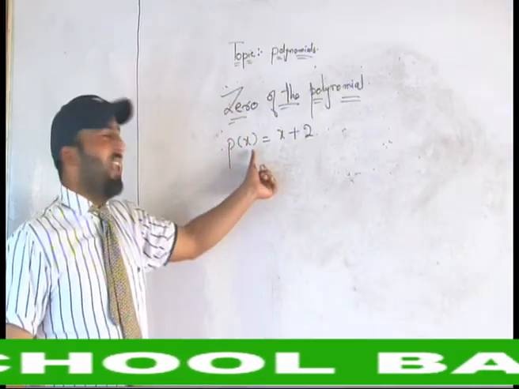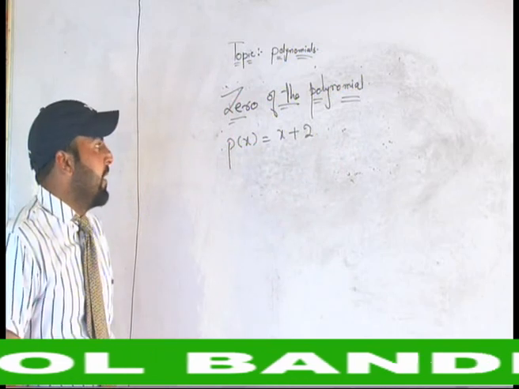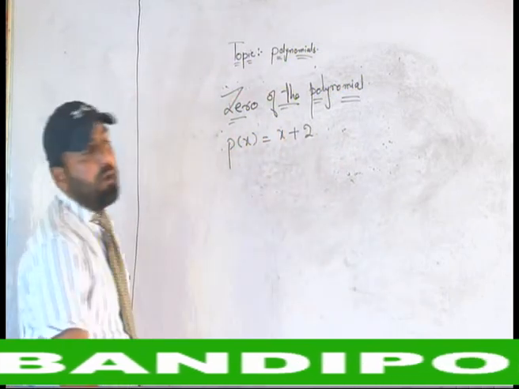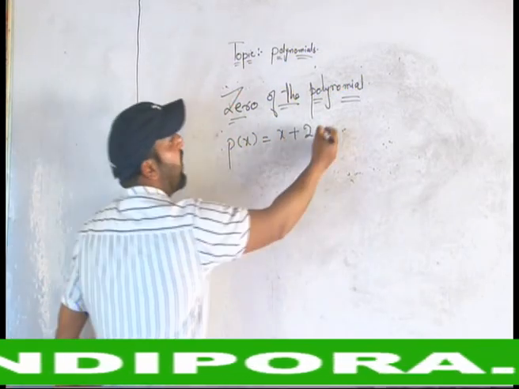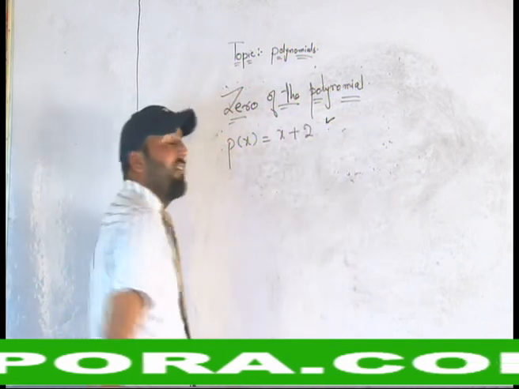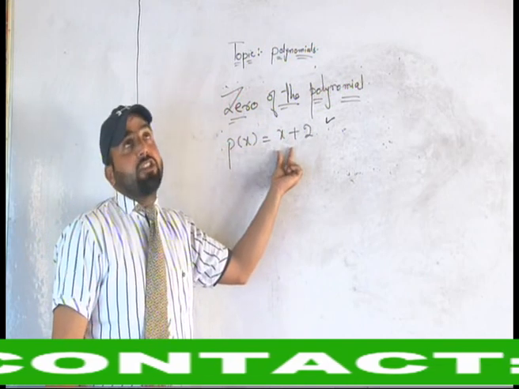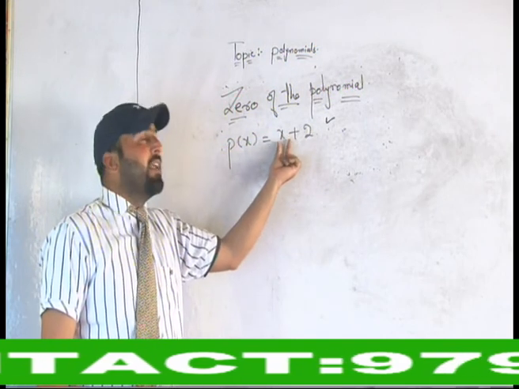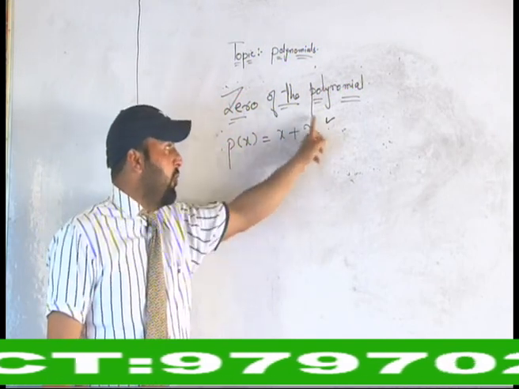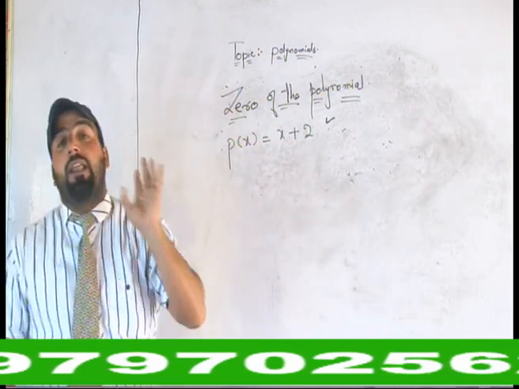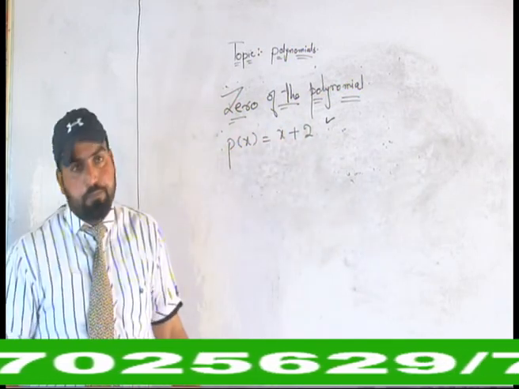This is a polynomial in variable x. We have to check what is the zero of this polynomial. You have to find the value of x so that after substituting x, the value of this whole polynomial becomes 0.